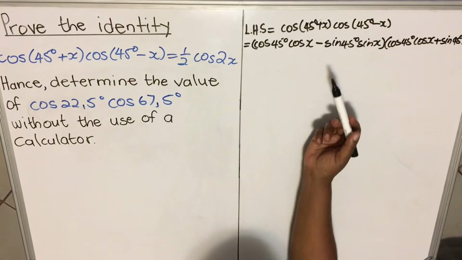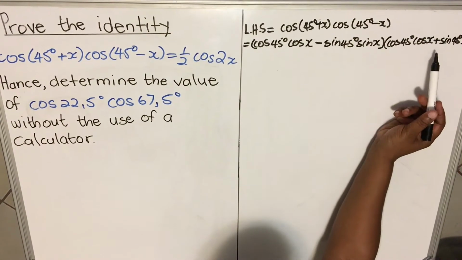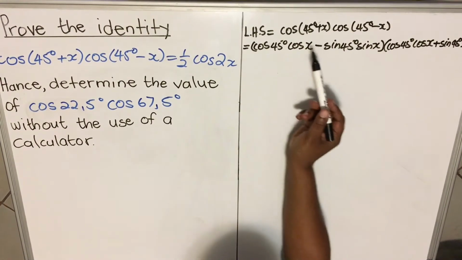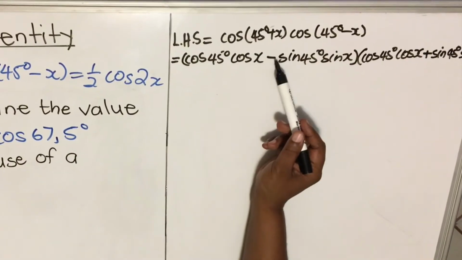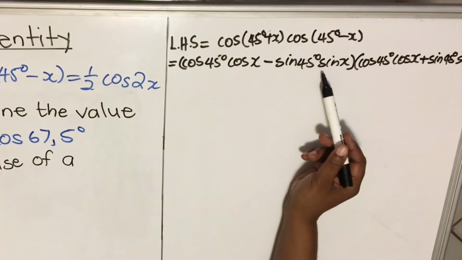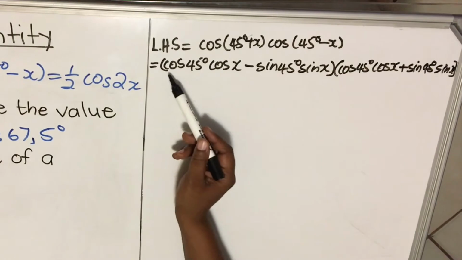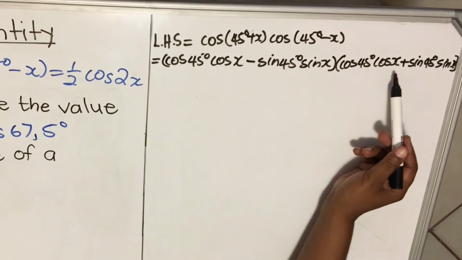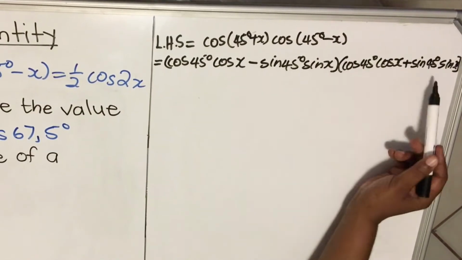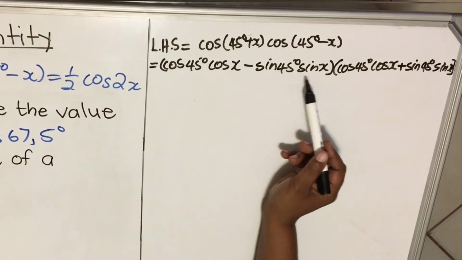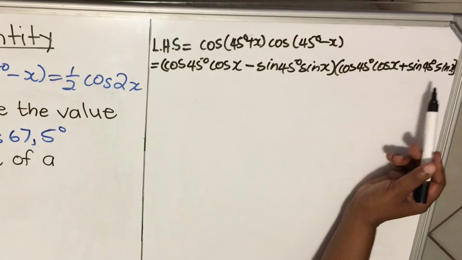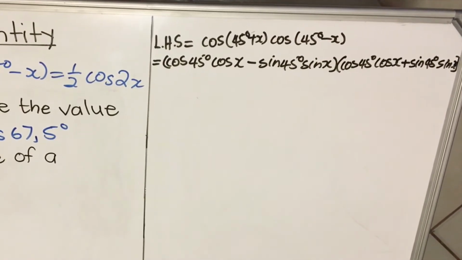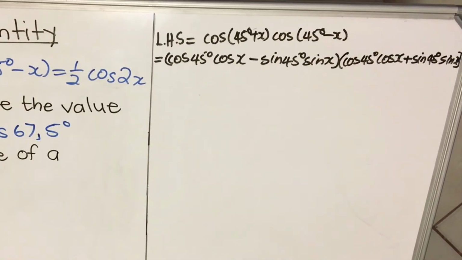Now, when you look at these two brackets, you have a term minus another term. In the second bracket, the first term, cos 45 cos x, is exactly the same, with a minus between them, and then we have sin 45 sin x in both. So these two brackets are actually a difference of two squares.